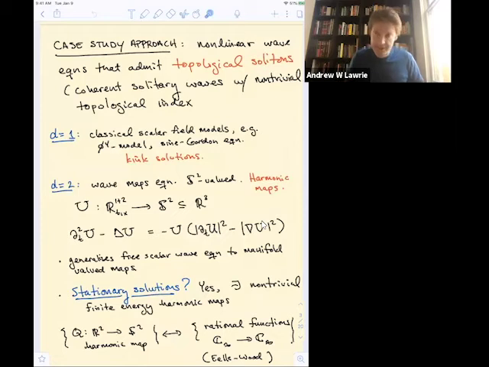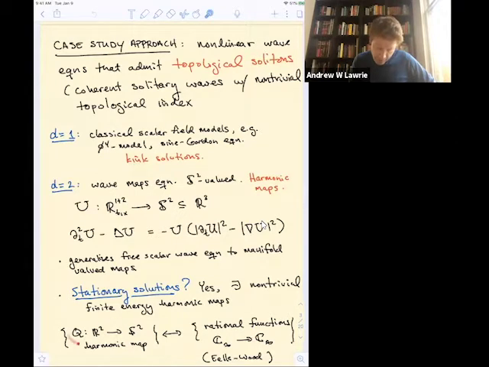I call this natural in the sense that it generalizes the free scalar wave equation to manifold valued maps. In this case, our example is very simple: the 2-sphere is the target manifold. The stationary solutions are, as I said, the non-trivial finite energy harmonic maps. There are also constant solutions to this equation. I like this example very much because these are all classified, so I know what they all are. They're explicit.